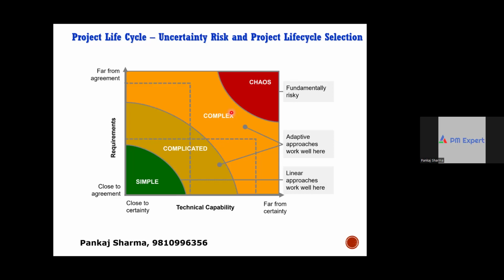For example, if the projects are very simple, waterfall and predictive approaches will work well. If the project falls under the complicated and complex zones, then we can have adaptive approaches. And some projects are highly risky, fundamentally risky, which fall under the category of chaos. Before planning these projects, we should do more research to get more clarity on them, so that at least they fall under the complex zone.